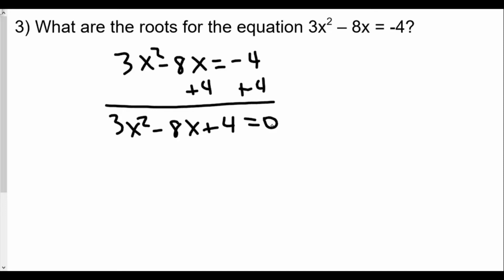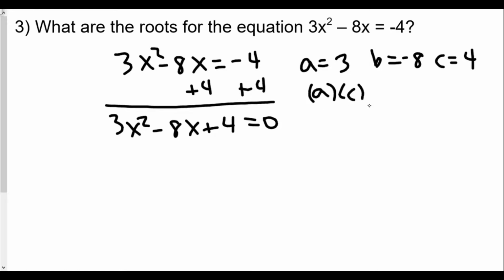When we factor a trinomial whose a value is greater than 1, we want to list all the a, b, and c values because we need them to figure out how to factor. The a value is 3, the number multiplying x squared, the b value is negative 8, and our c value is 4. Now we multiply a times c. So a times c is equal to 3 times 4, which equals 12.